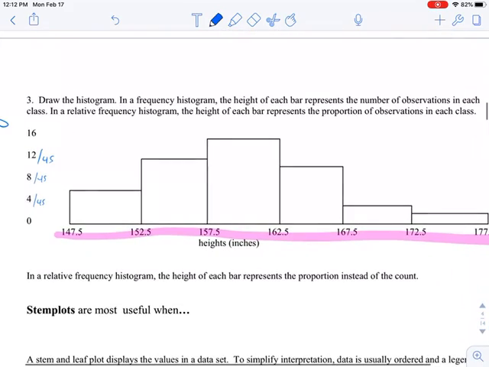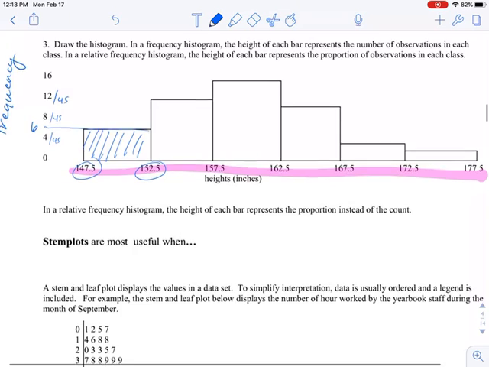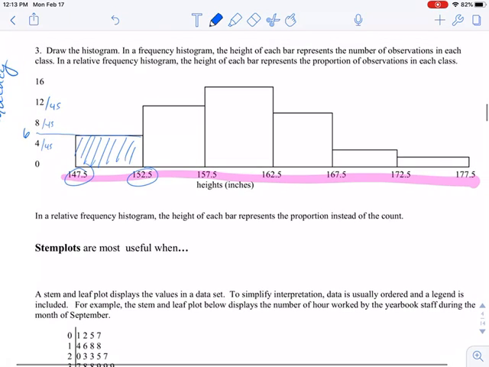So here we have a histogram of the data. And when I look at this first bar, I can see that 6 people fell between 147.5 and 152.5 inches tall. Okay, so that's a histogram.